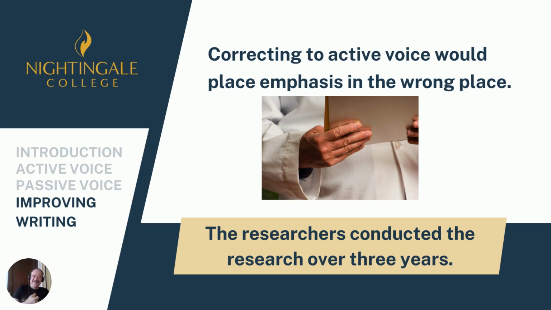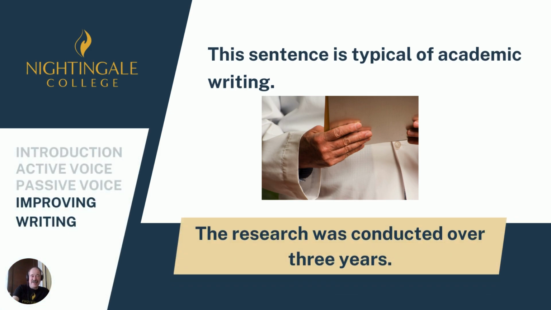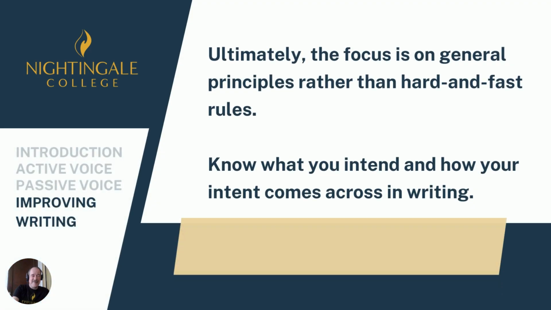The object, the recipient of the action, is what we care about, right? So, in fact, this is the stronger sentence for our context. The research was conducted over 3 years.